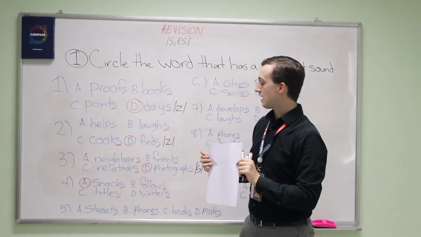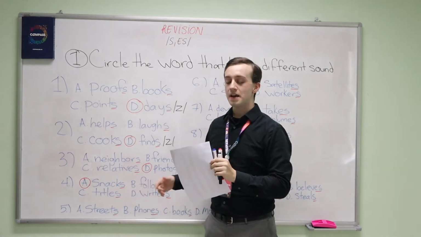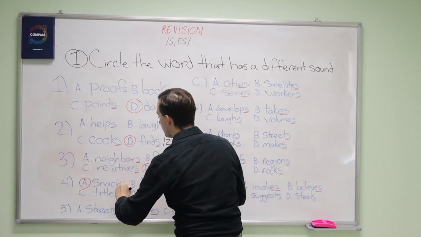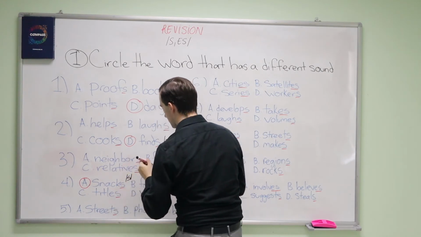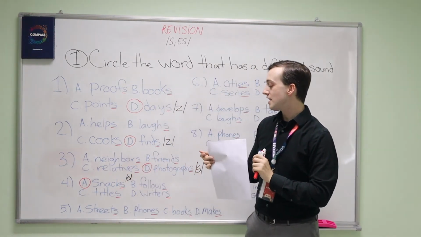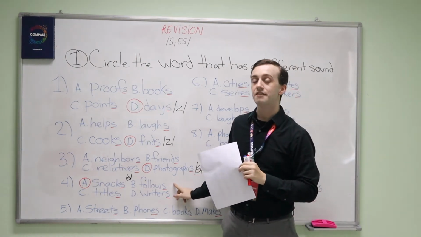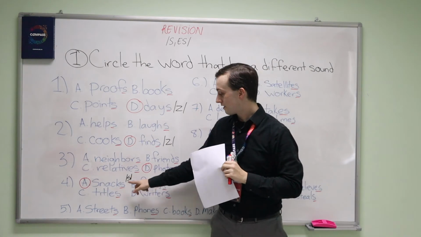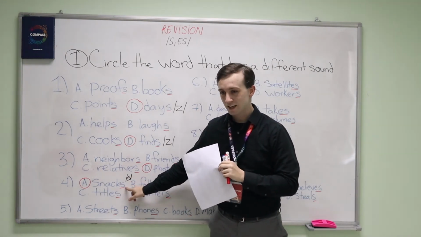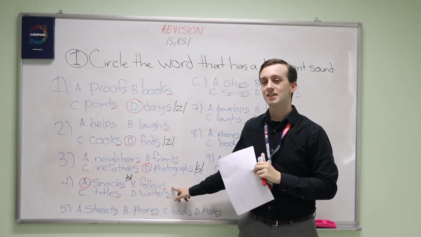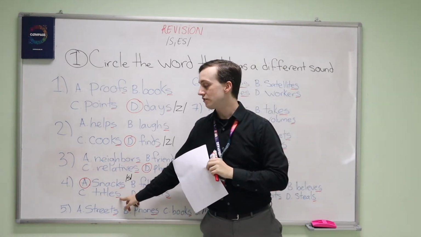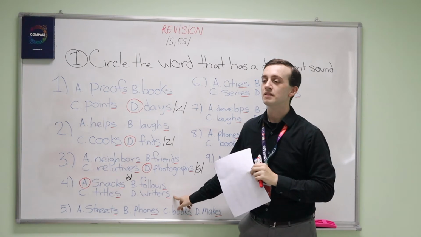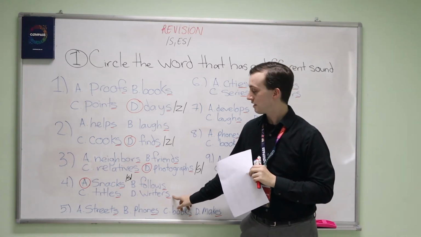Because in this word, S makes the sound S. But B, C, and D, S makes the sound Z. So, like this. Snacks. Follows. Titles. And writers. Different sound from S.